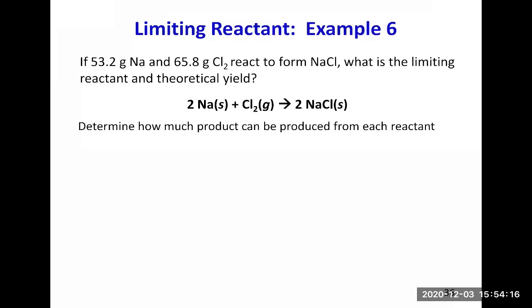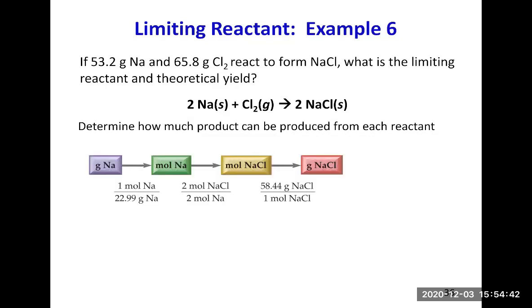So let's start with sodium. Because the sodium is not given in number of moles but in grams, and because the relationship between sodium and sodium chloride is given in moles, it says that 2 moles of sodium will make 2 moles of NaCl. To know how much product we can make, we have to change first the grams of sodium into moles of sodium.